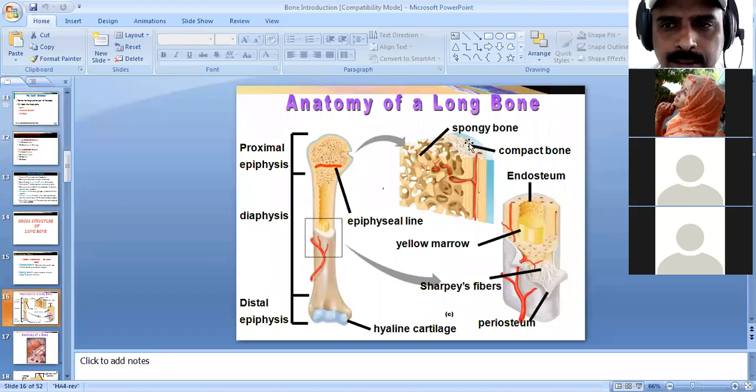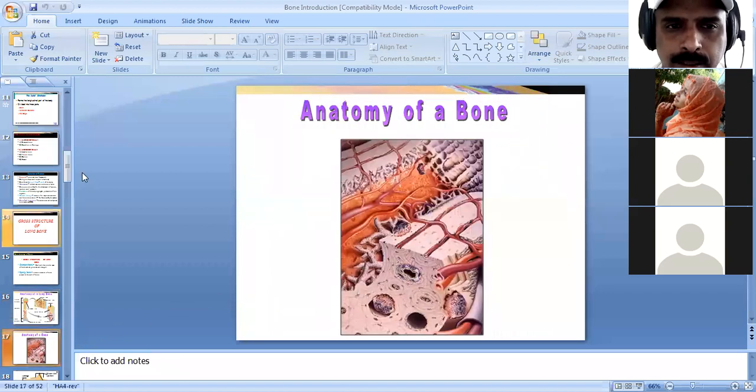So you can see the compact bone is outermost, and the spongy bone is inside. Spongy bone is towards the upper end, and compact bone mostly makes the shaft. You have to remember that.